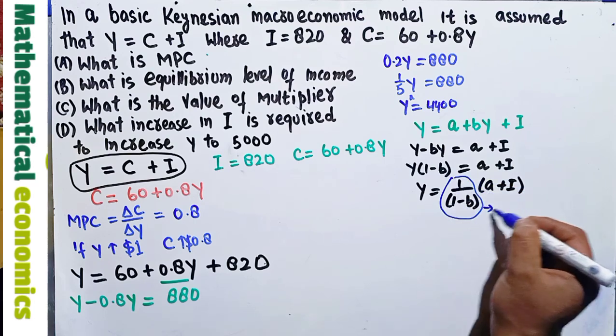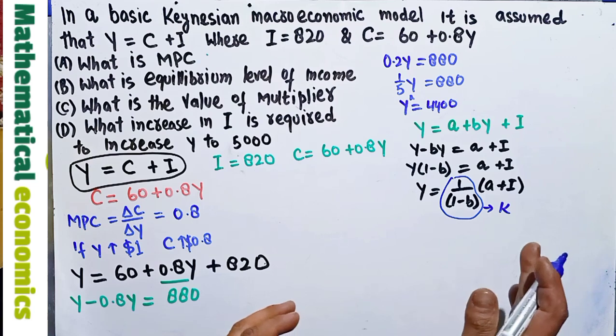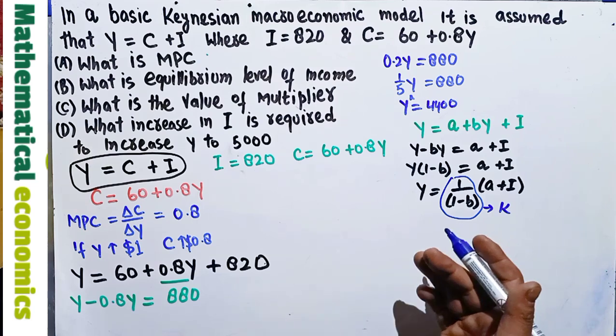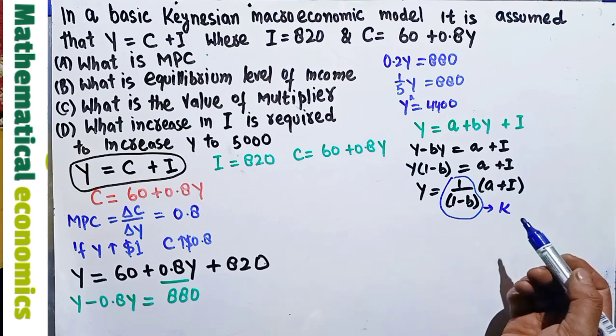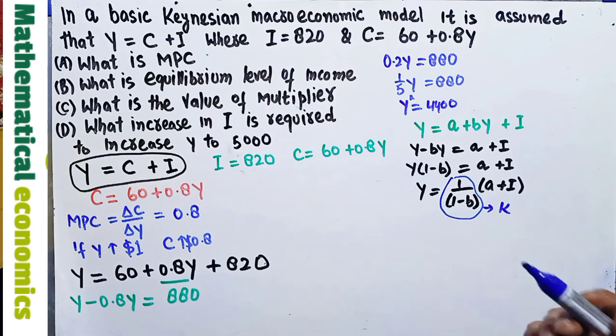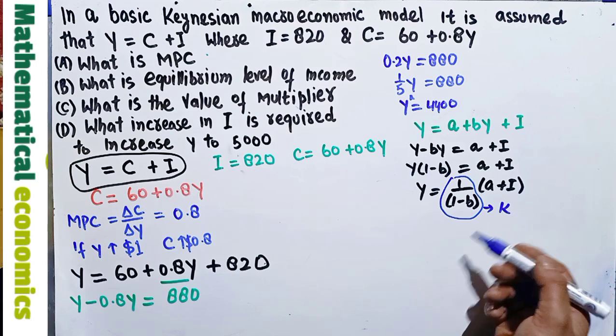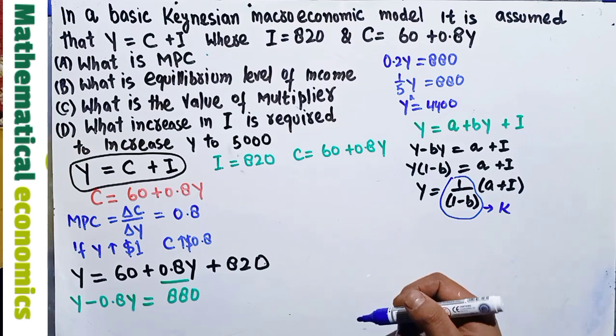Let's denote it by k. It simply tells us by how many times there will be an increase in income when the investment increases by some factor.